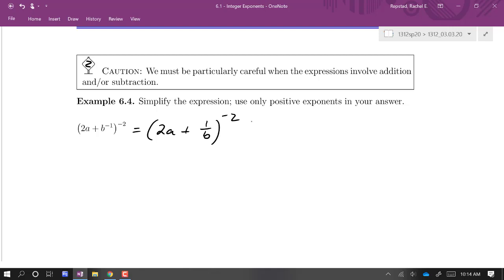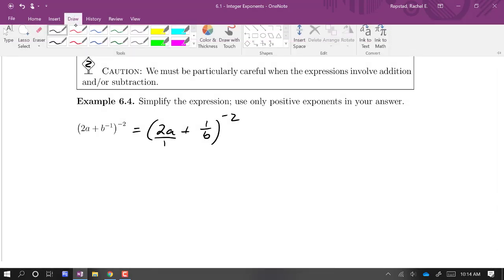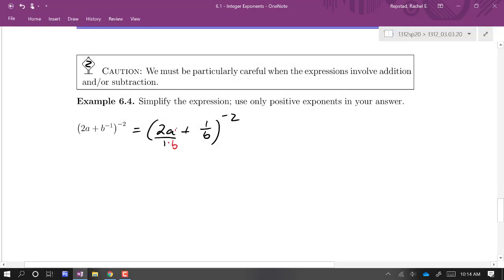Find a common denominator. Yeah, let's do that. So the common denominator is b. So then we have 2ab plus 1 all over b, to the -2.